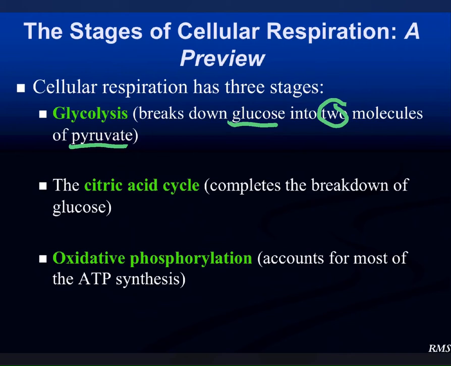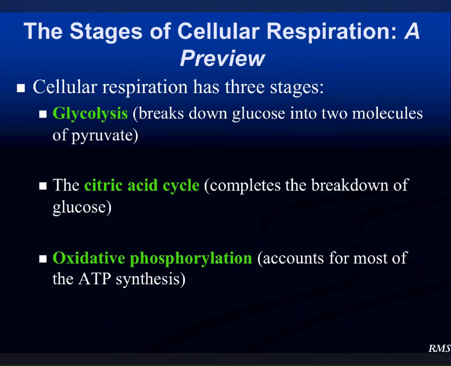Now when you look at the citric acid cycle or the Krebs cycle, this is going to happen in the mitochondria. So both of these are actually going to happen in the mitochondria in the presence of oxygen. So you need oxygen for these guys to happen.